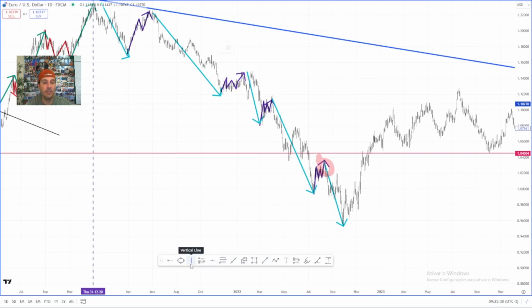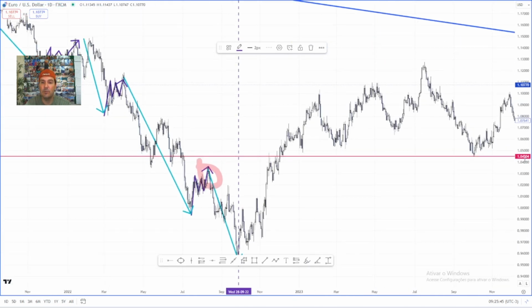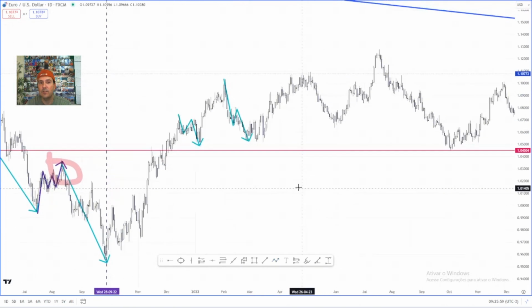We didn't finish yet. Vertical line. Forget about what is on the left side of the vertical line. It's not valid anymore. So we are looking for the change in the short-term trend. So retracement in here. Lower lows, lower highs. Retracement in here. Lower lows, lower highs.